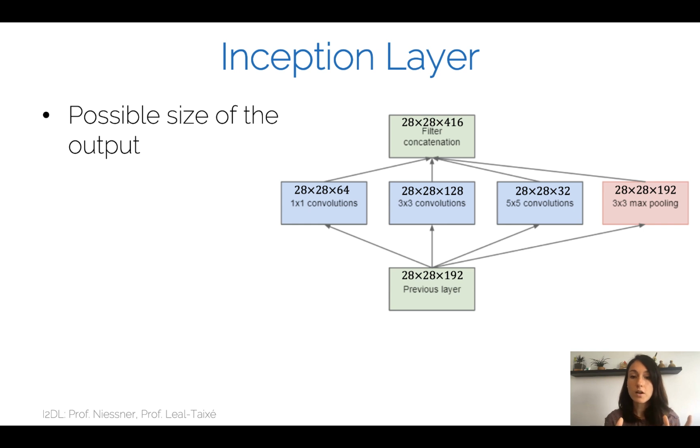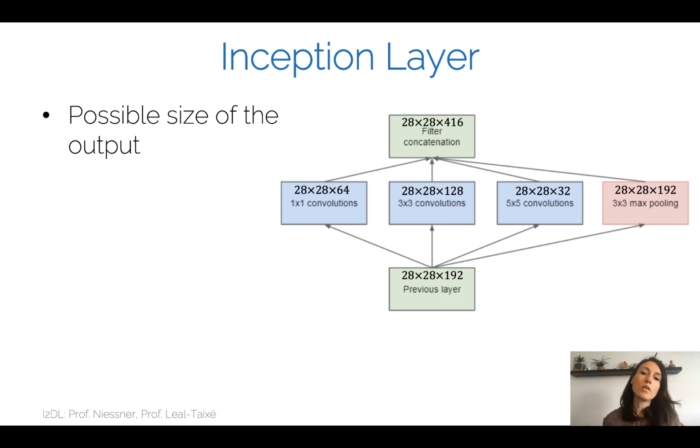For the 3 by 3 convolutions, 3 by 3 by 192, and then multiply by the number of filters: 64 in the case of 1 by 1 convolution, 128 in the case of the 3 by 3 convolution, and 32 in the case of 5 by 5 convolution.